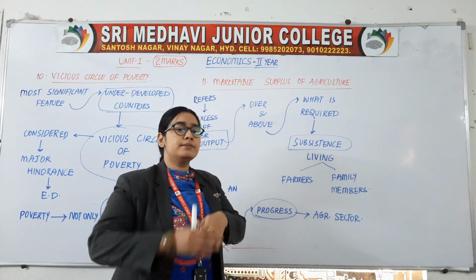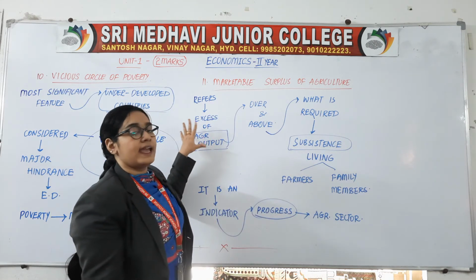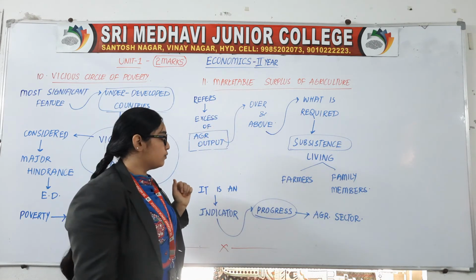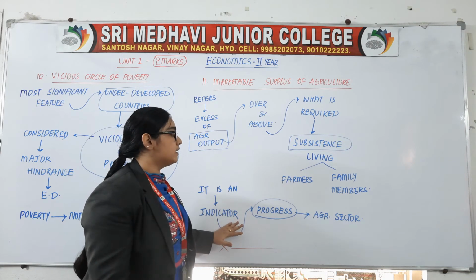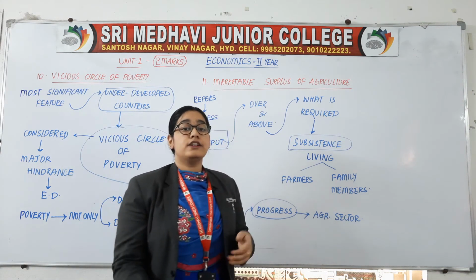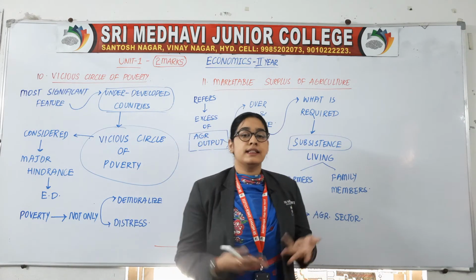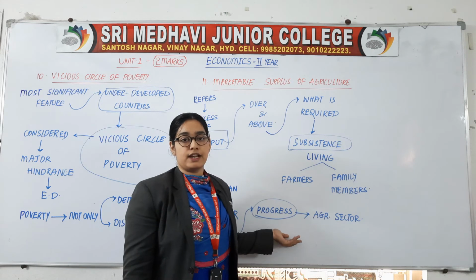In simple terms, the excess of agricultural output. It is an indicator of progress of the agriculture sector. Instead of producing 10 bags, you are producing 20 bags. Then that is a progress of agriculture, right?